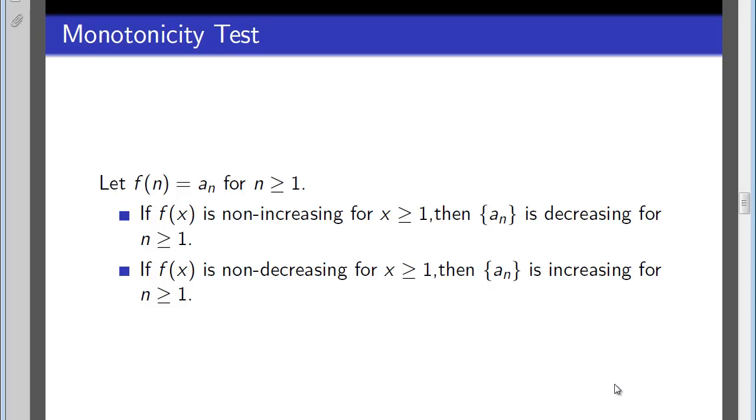The monotonicity test gives results explicitly for sequences whose general term is a simple expression, like the previous example.